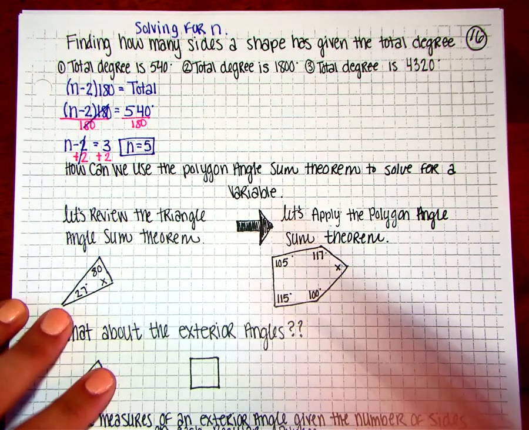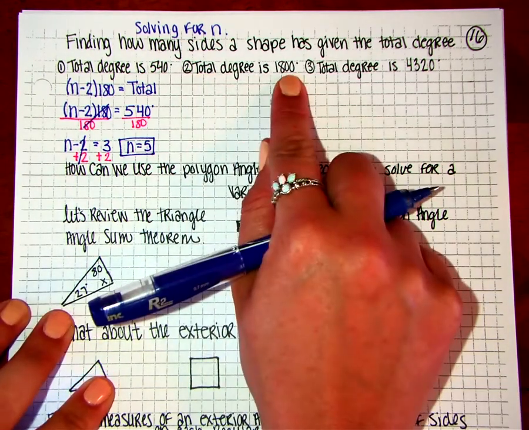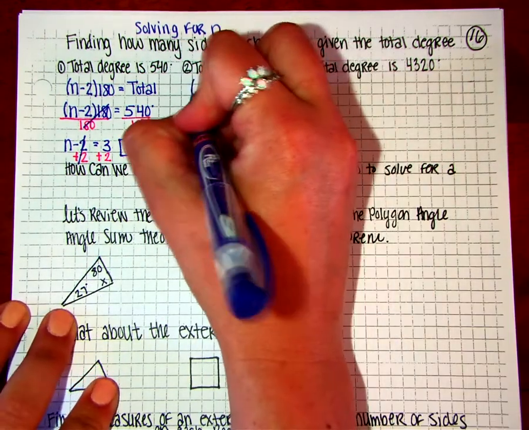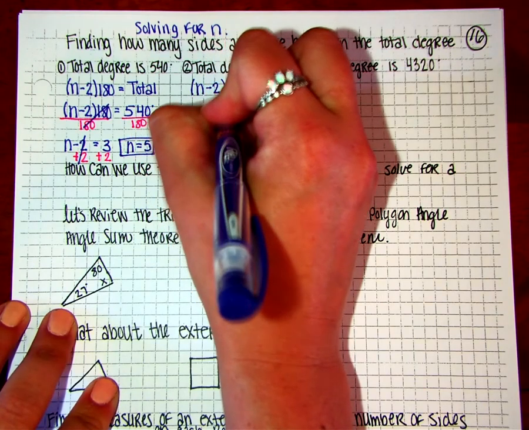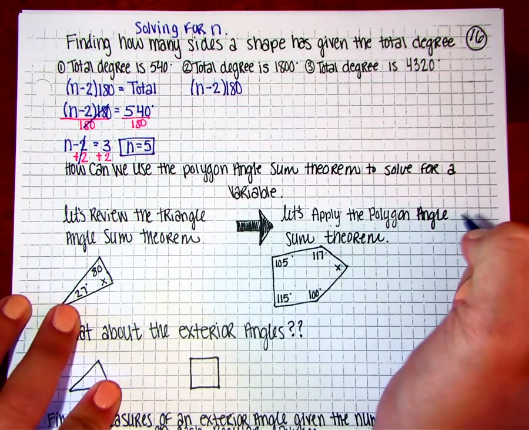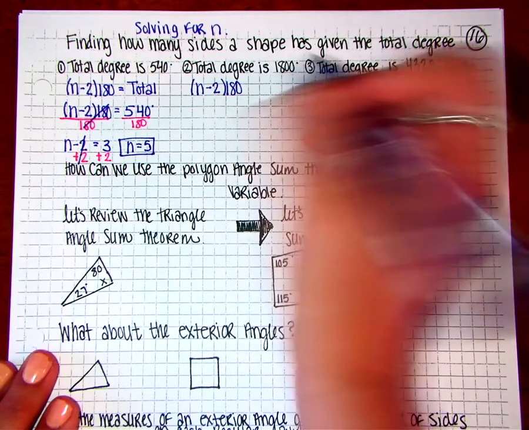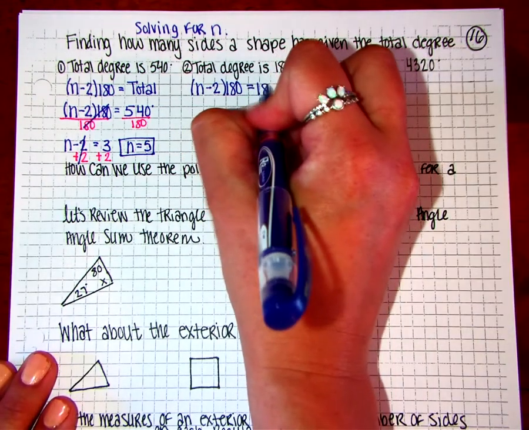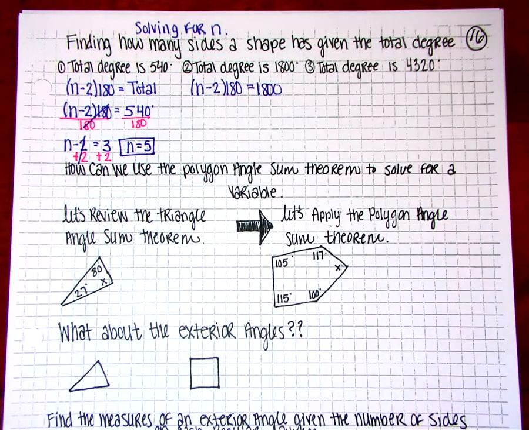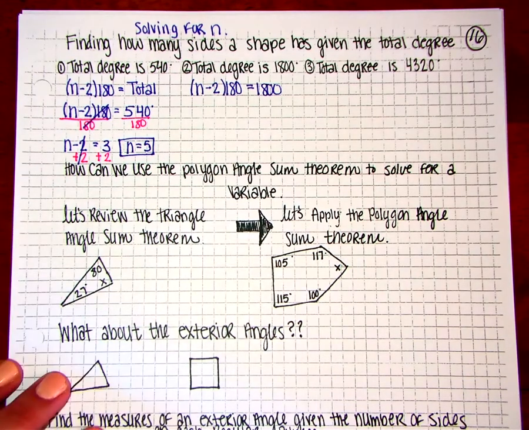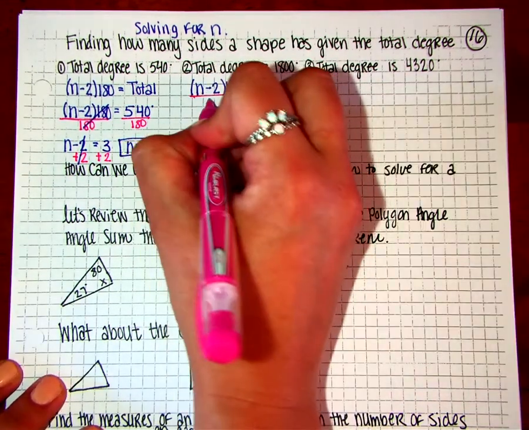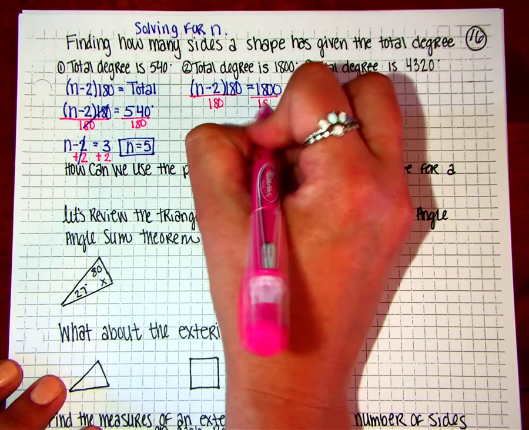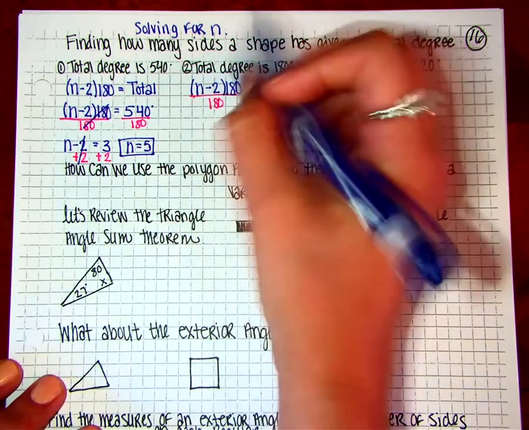So in this next problem, total degree is 1800. Our goal here again is to solve for n. So n minus 2 times 180 gives me my total. But now I know that my total has to be 1800. So now again, divide by 180. And this is a perfect time to stop the video and to practice.